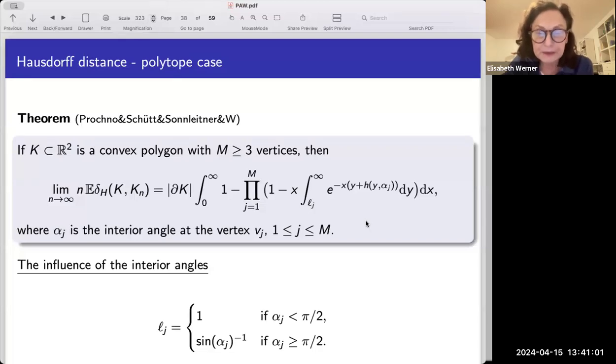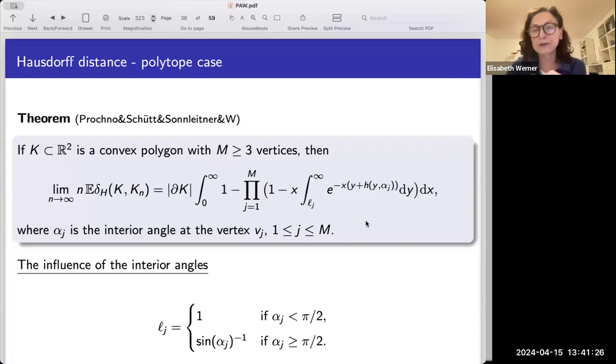If the interior angle alpha j at the vertex vj is strictly smaller than pi over 2, the Lj is simple, it's just 1. If the interior angle alpha j is bigger or equal than pi over 2, then the Lj is 1 over sine alpha j. So that explains the bound of the integral on the right-hand side.